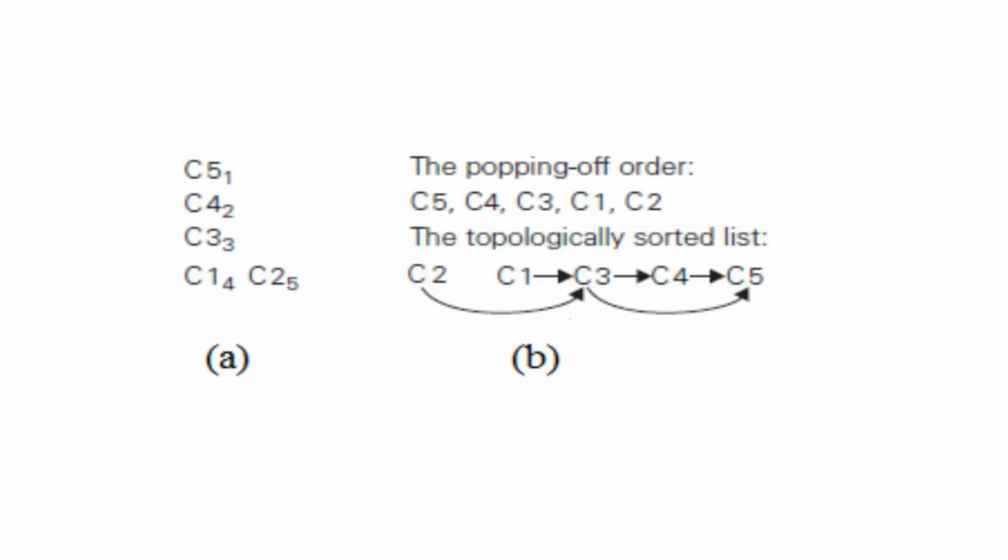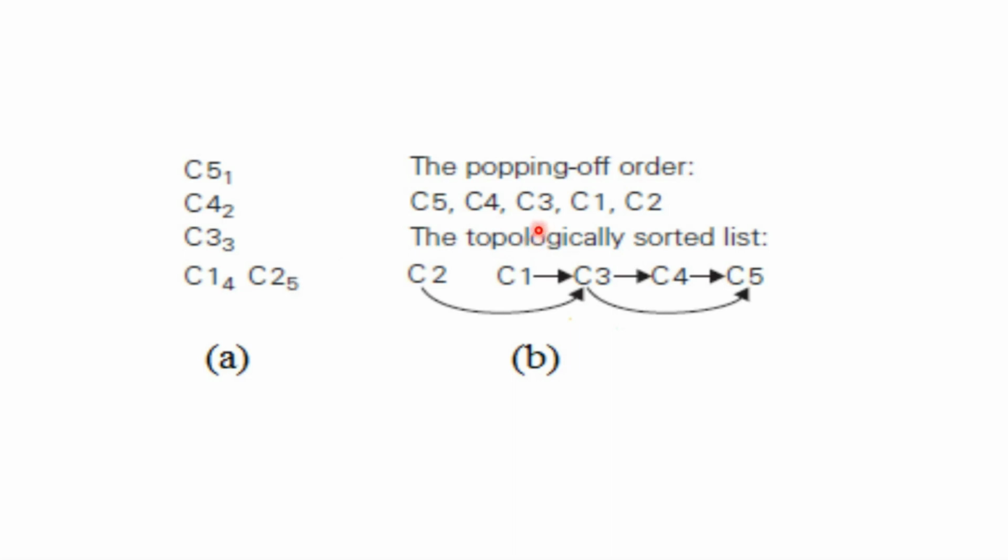For the course prerequisite example, for the directed graph we have taken, we have the DFS stack. C5 will be the first one to be popped off. So the order in which the elements are popped off from the stack is C5, followed by C4, then C3, then C1 and last C2.